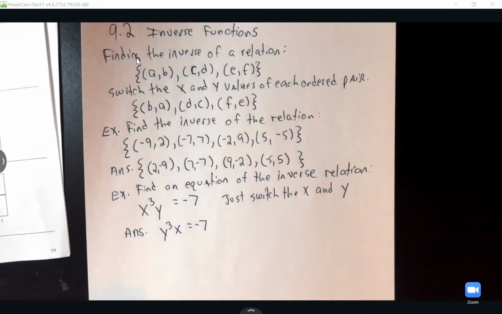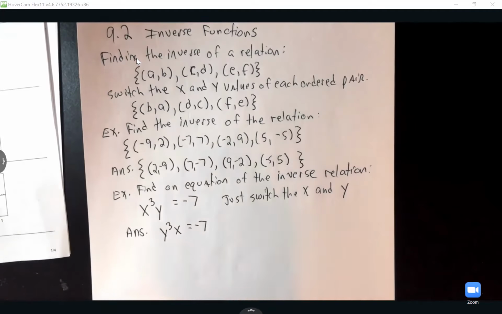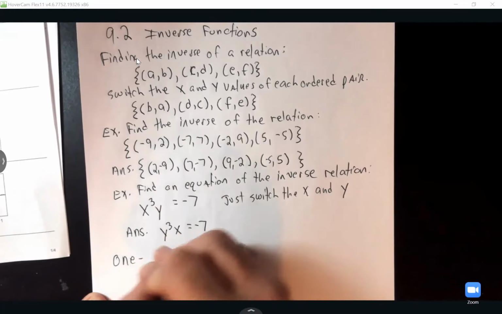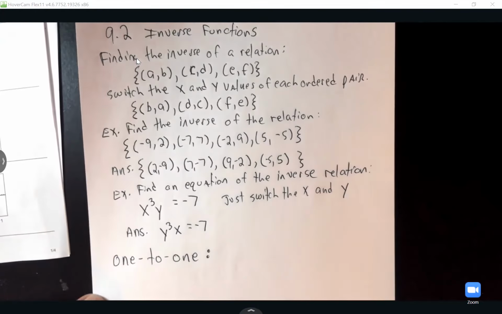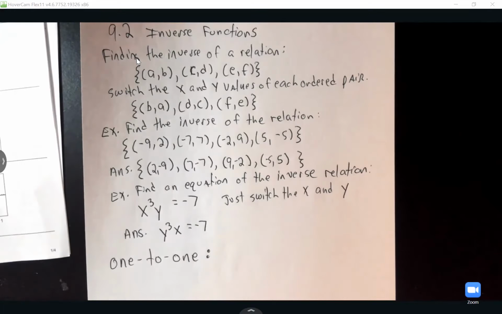All righty, so now when you're dealing with functions, for a function to have an inverse, it's got to be what we call one-to-one. So in math, when I say one-to-one, y'all remember back when we was in chapter 2 dealing with functions, we said a function was a relationship in which each x had one and only one y value.